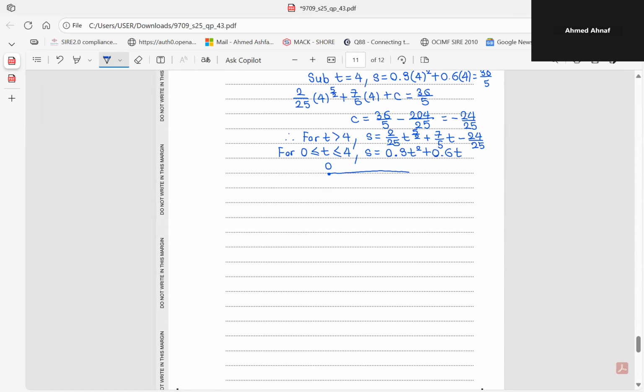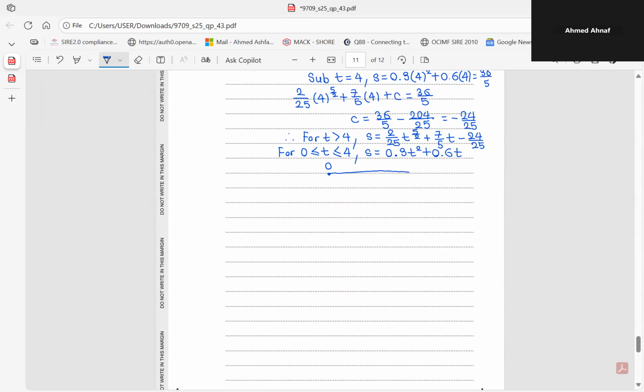So for 0, you'll obviously get 0. Then 1, you will get 0.9. And then 2, you will get 2.4. 3, you would get 4.5.